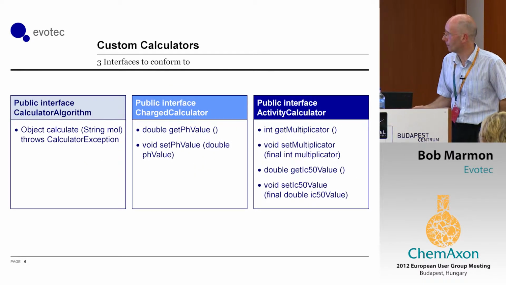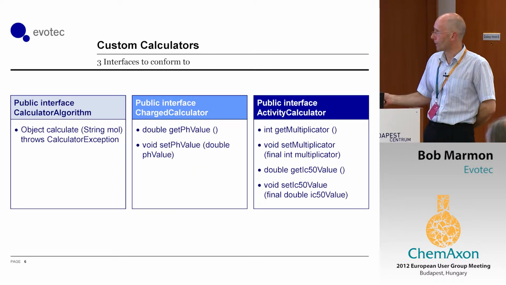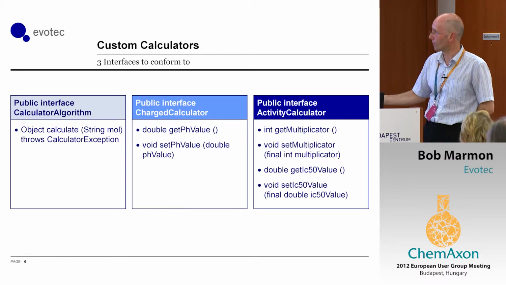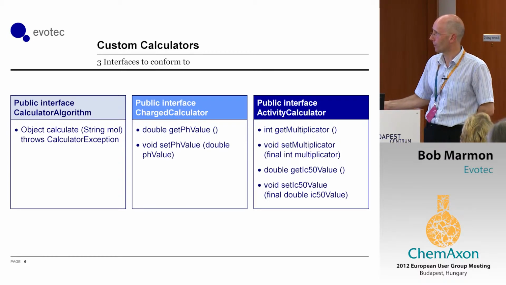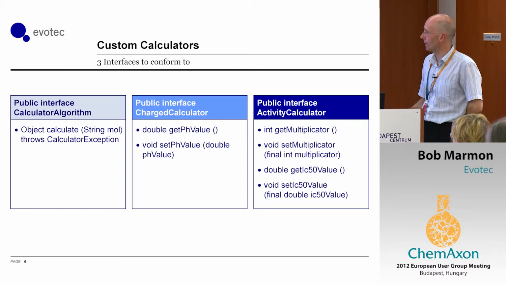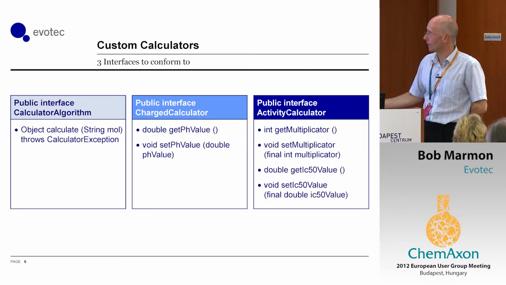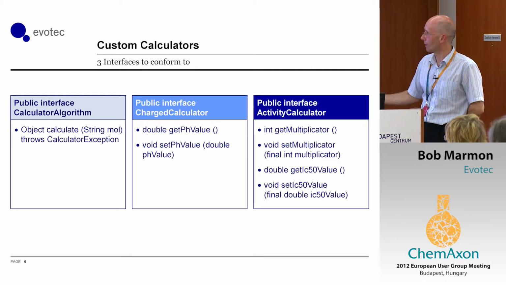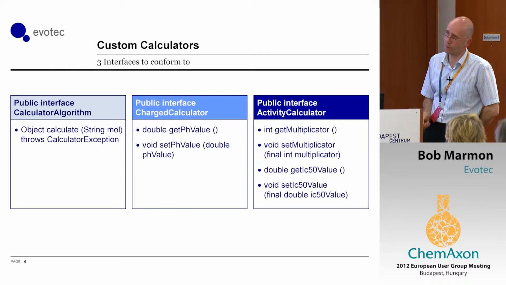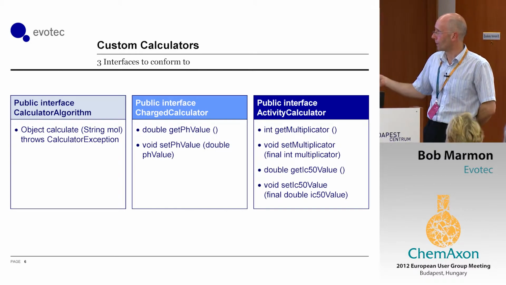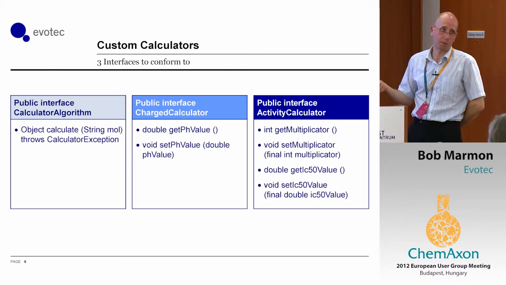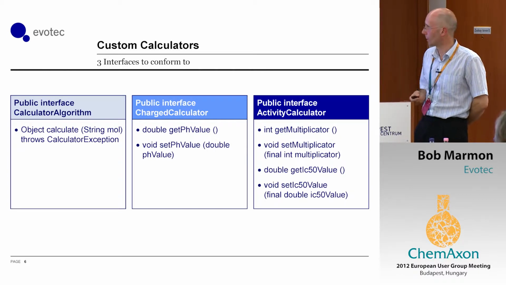So there's also a series of interfaces for the algorithm. So each calculator implements a calculator algorithm interface, and then there's a charge calculator or an activity calculator interface that they can also use if they want to use with a pH value or with a biological value.